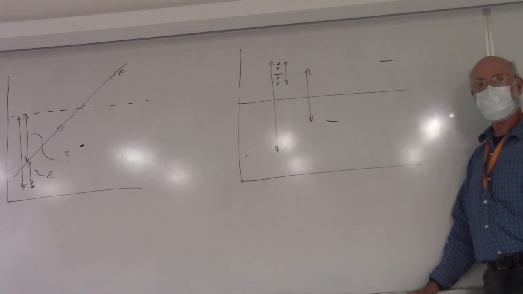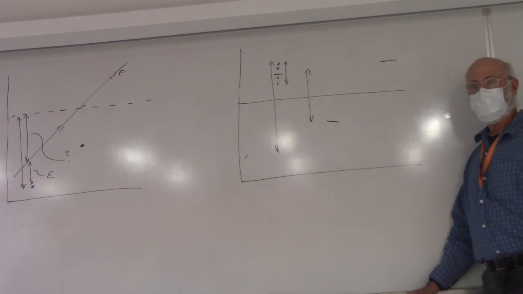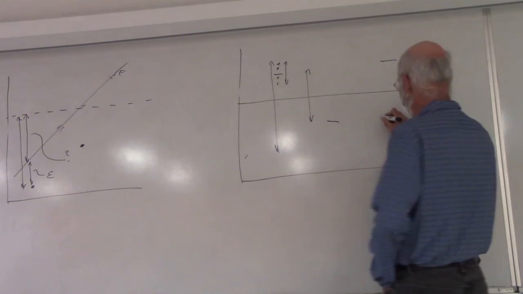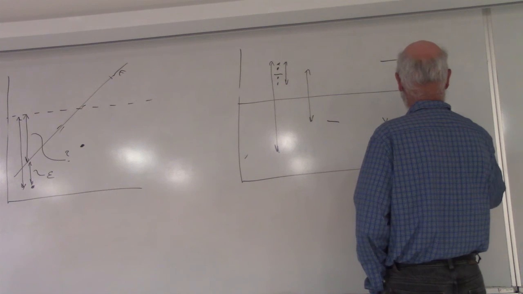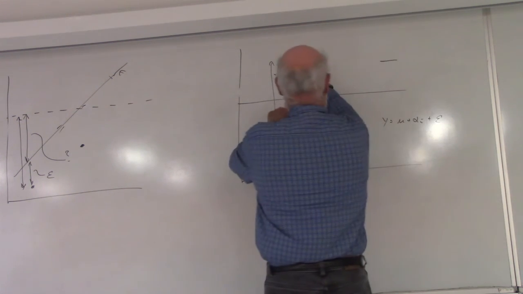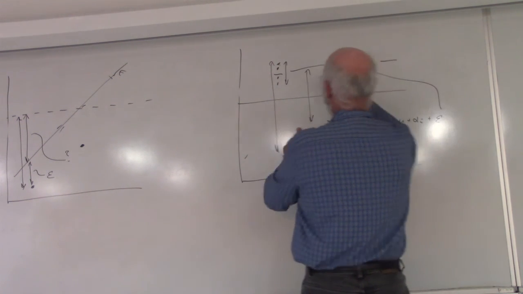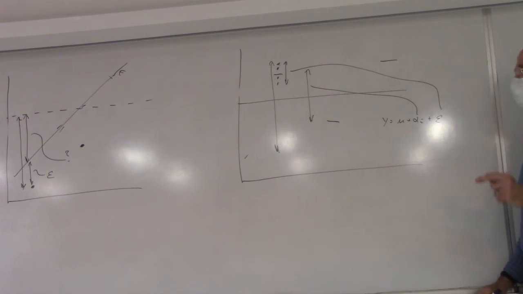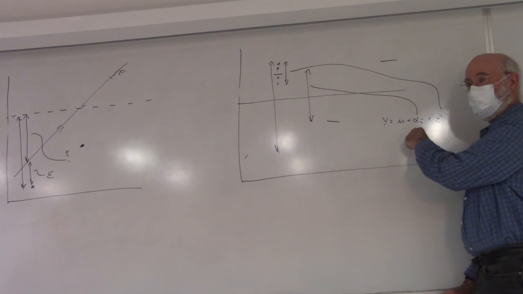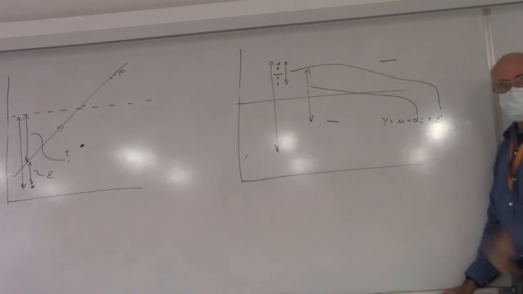How did we partition the variance in ANOVA? We said we had y equals mu plus alpha i plus epsilon. So there was our epsilon. There was our alpha right there. And what we said was that if alpha is big compared to epsilon, then we have a significant difference.